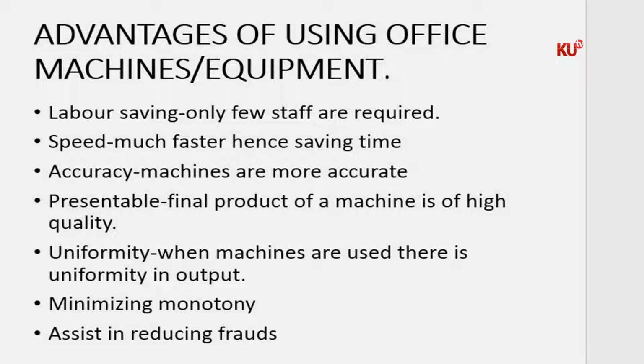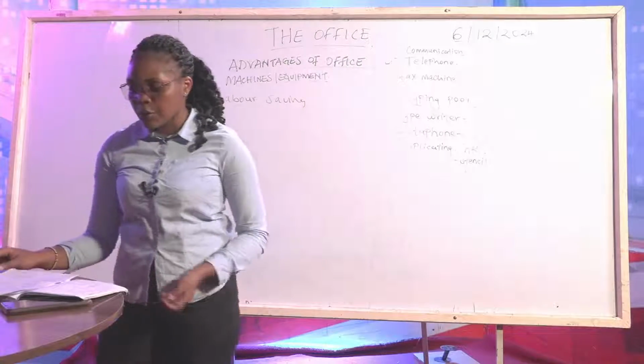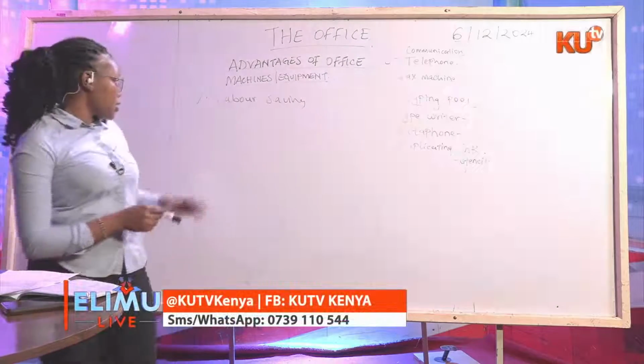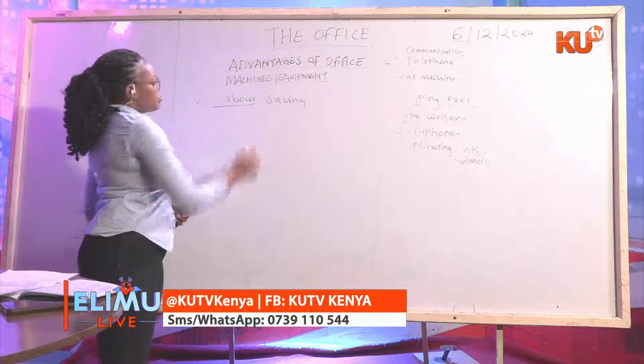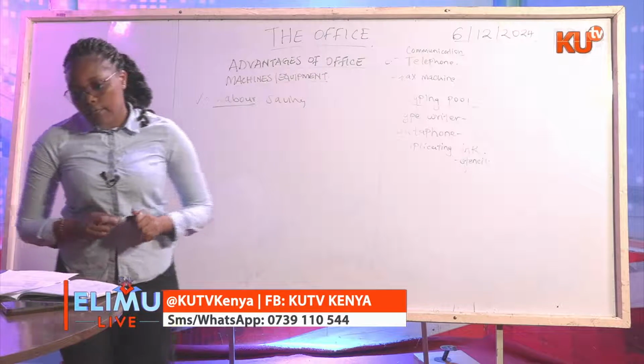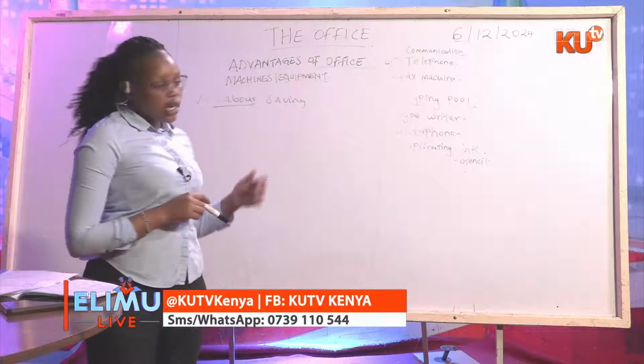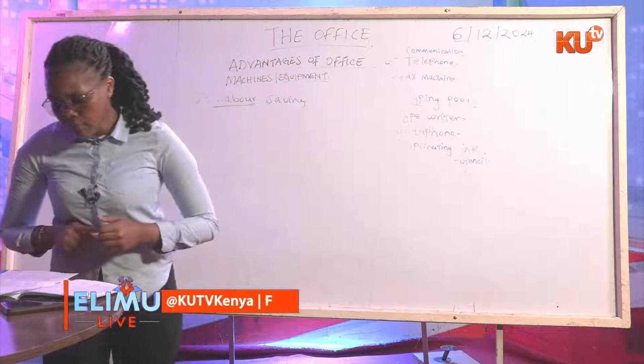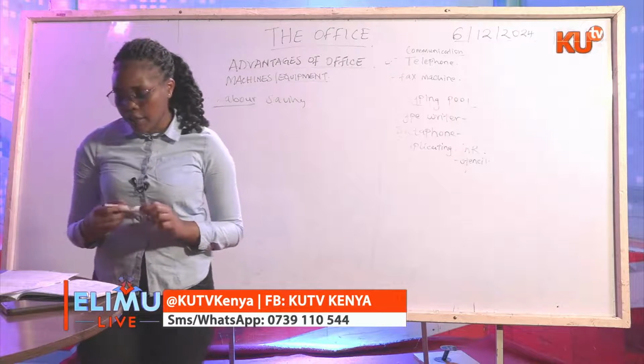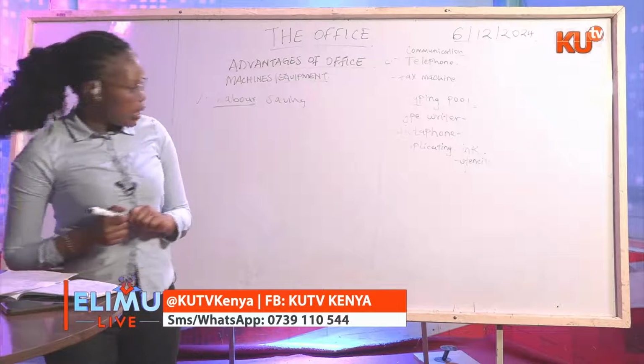When you have machines in an office or in an organization, we don't require a lot of staff, or rather a lot of people working there. Because they save us labor, or rather human resources, we have a reduced number of staff working in an office or an organization.